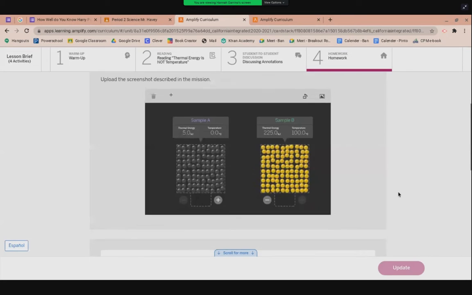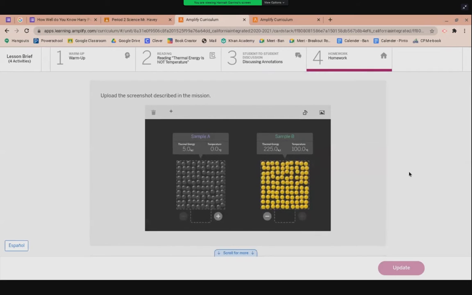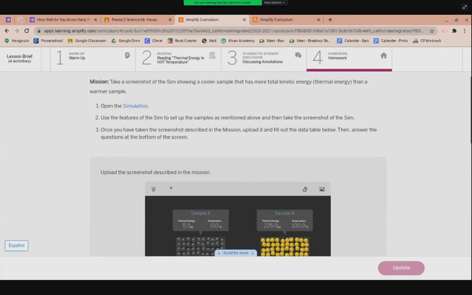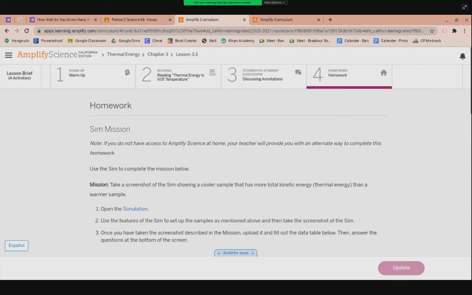Oh, no. Okay, so that's okay. Why don't we see what we can do in order to make our colder sample have more energy? Go ahead and click the simulation, see if we can work that out right now. And then go ahead and add your 2 samples again.